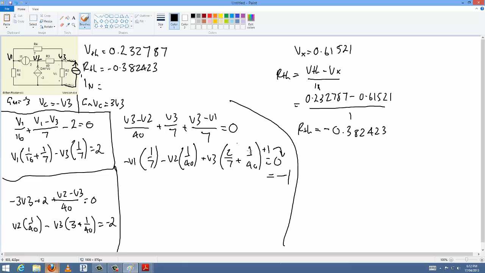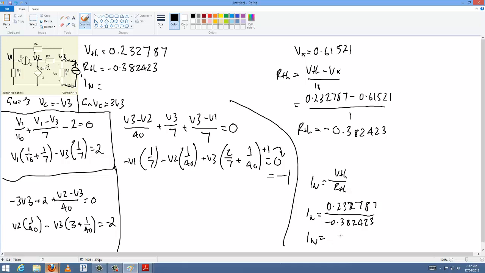And then using Ohm's law, we have I Norton equals V Thevenin on R Thevenin. So I Norton equals 0.232787 on negative 0.382423.